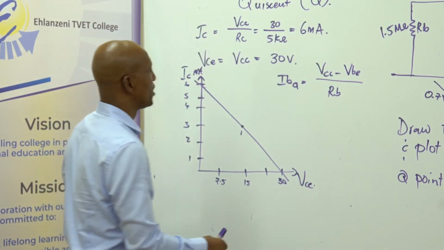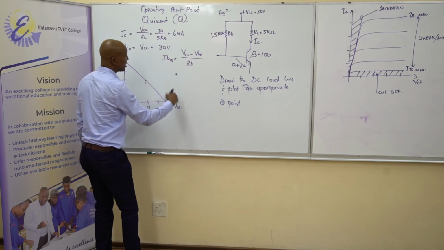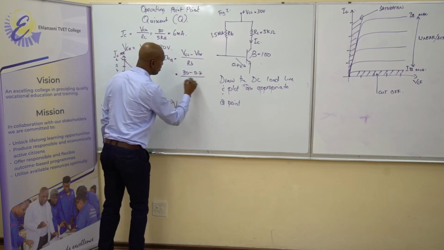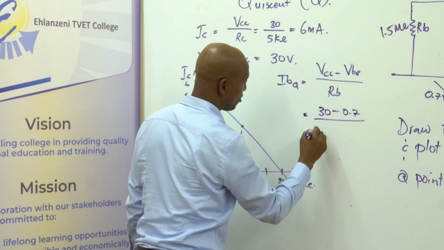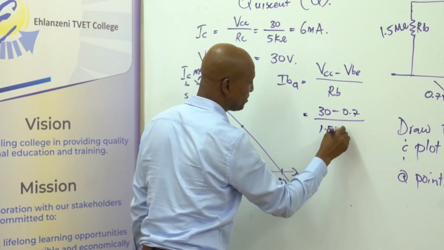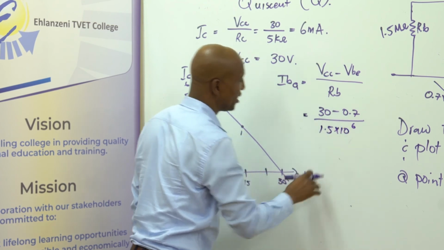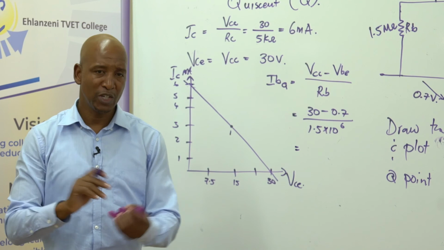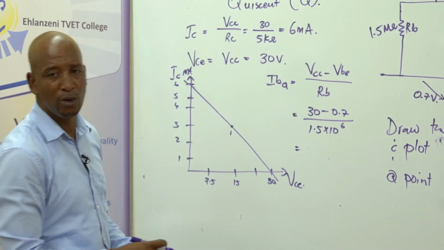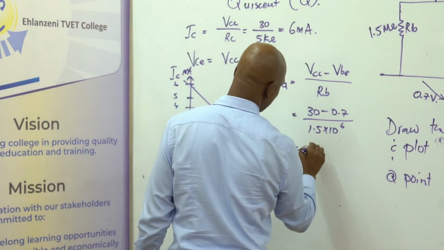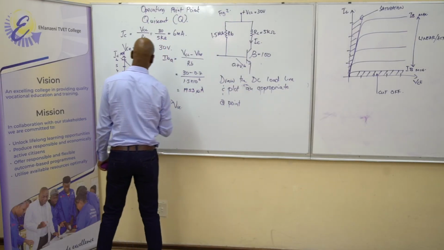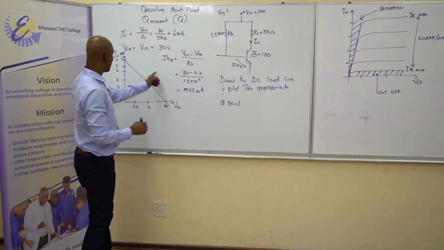So now, knowing that, you can say VCC, which is 30 minus 0.7, all over, what's the value of that? 1.5 times 10 to the power 6, is it mega? So if you punch your calculator, you will get a value of 19.53 microamps.